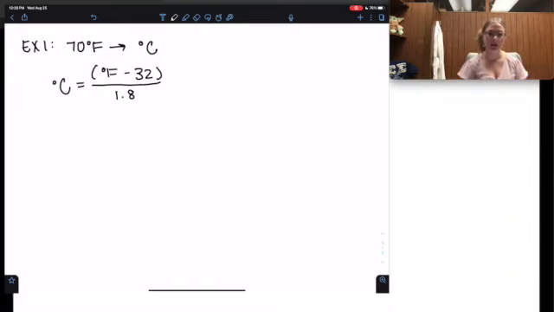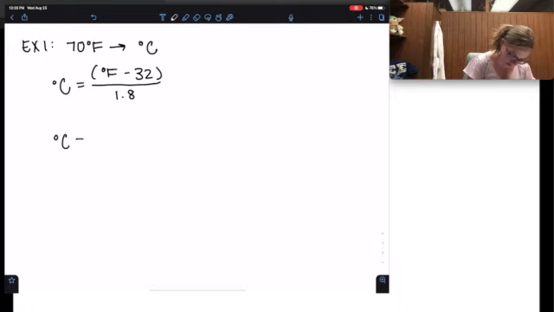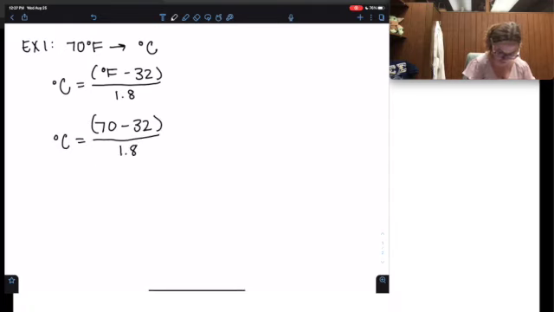Okay, so now that I have that done, I'm going to go ahead and plug my values in. I know degrees Fahrenheit, and I'm looking for degrees Celsius. So degrees Celsius is going to be my 70 for Fahrenheit minus 32, divided by that 1.8 value.